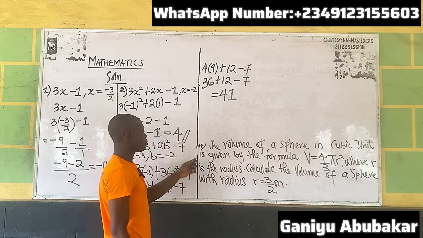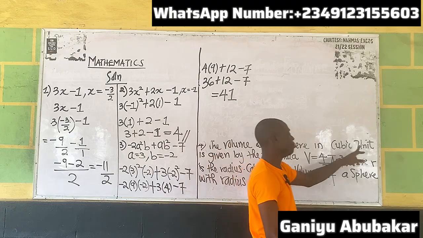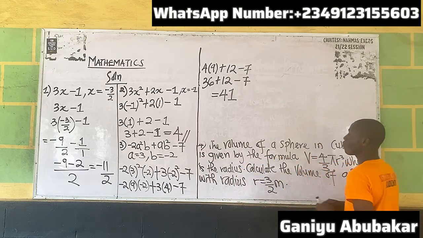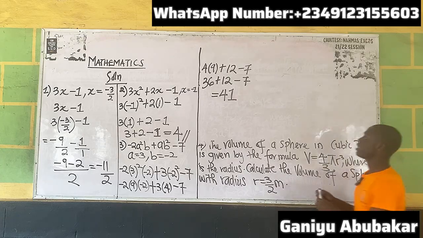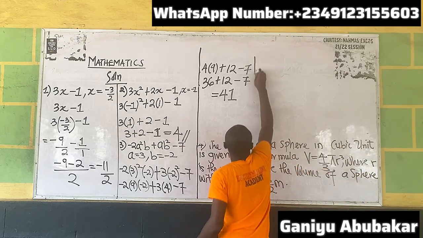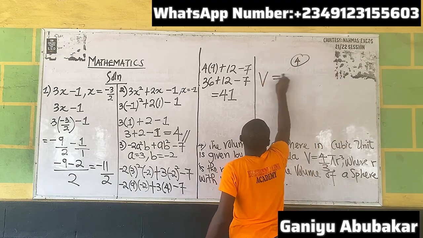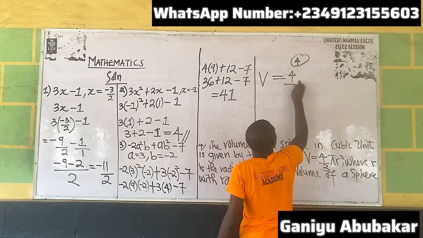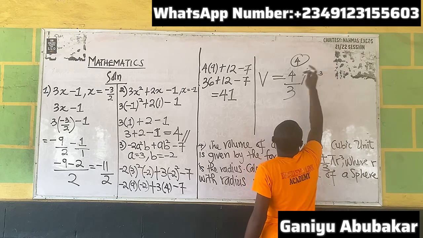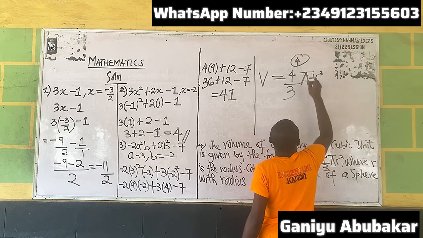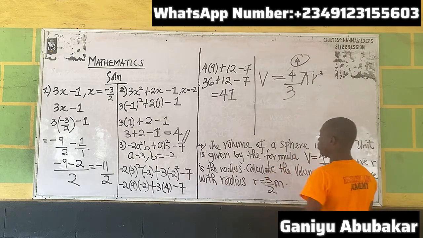Number 4 says, the volume of a sphere in cubic units is given by the formula V equals 4 over 3 pi r cubed, where r is the radius.